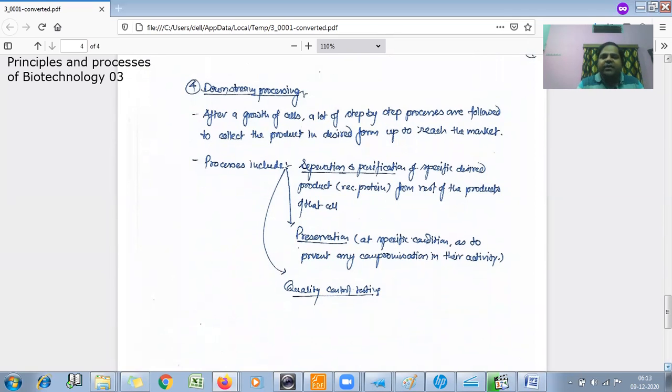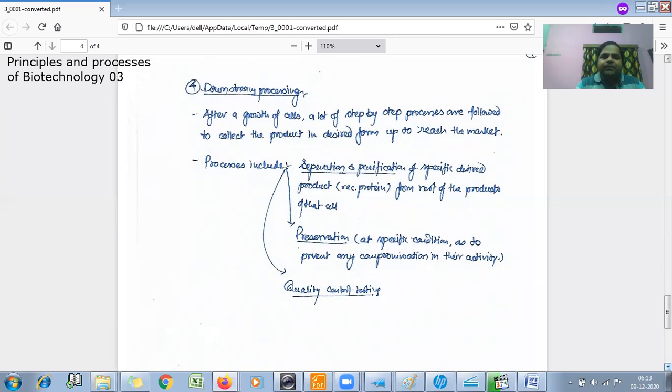Again, purification means we need to get a pure form of recombinant protein. So we will utilize some technologies and different techniques to purify that recombinant protein. As we know that it will be used in human beings, it should be very pure.